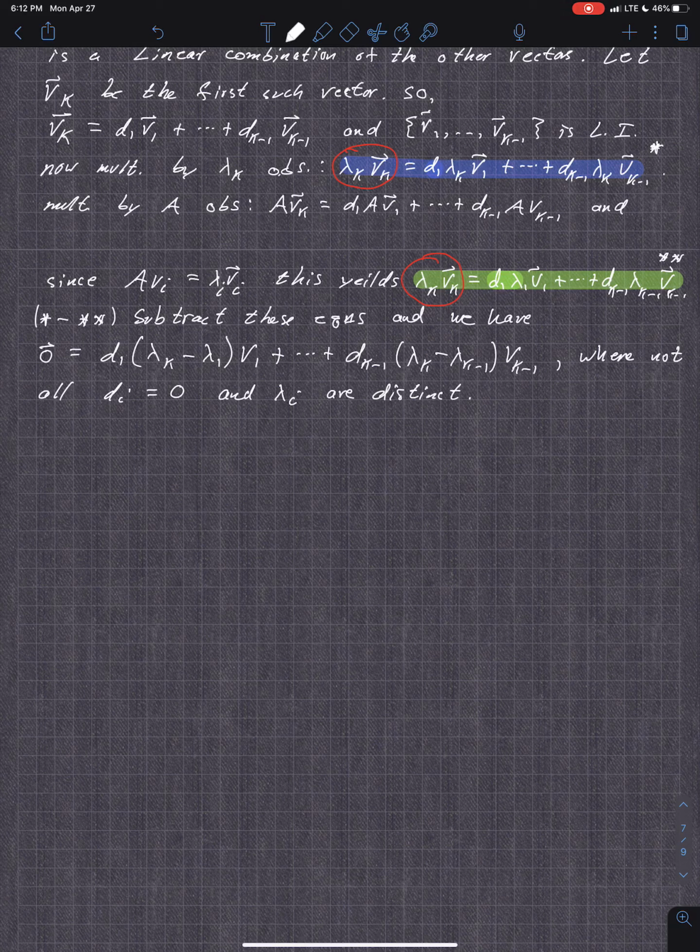So this equation equals 0, which is a dependence relation for the v sub i.